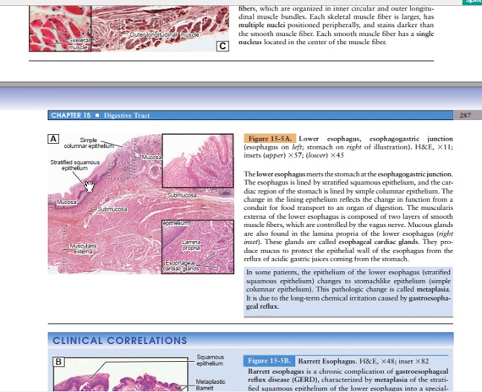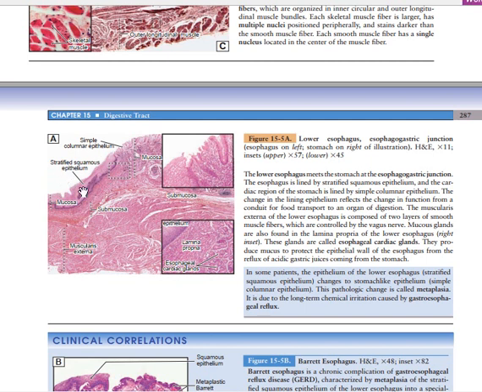So in order to provide mucus that is going to line and protect this lower stratified squamous epithelium, there is a need for it to contain the esophageal glands. So the esophageal glands are going to be found all through here in order to prevent the gastric juice from affecting the stratified squamous epithelium, because the stratified squamous epithelium doesn't have the peculiarity of producing mucus.